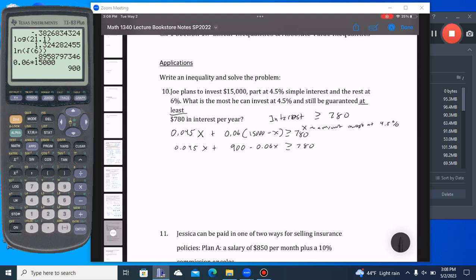Right. When we put the x's together, we get a negative 0.015x. When we subtract the 900 over, we get a negative 120.